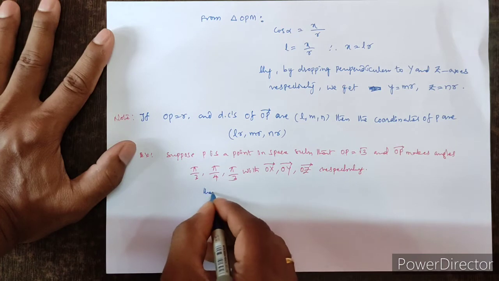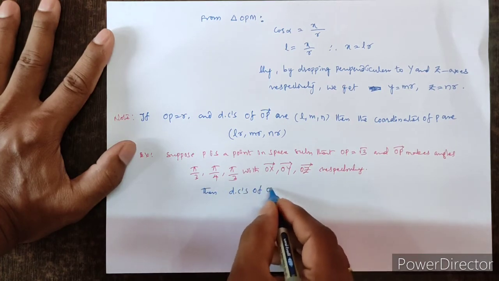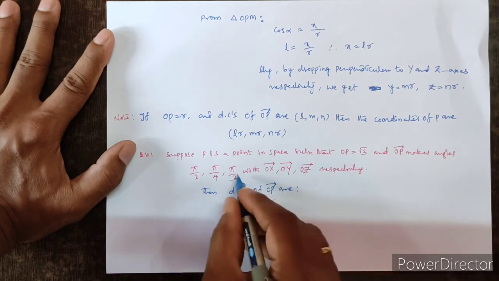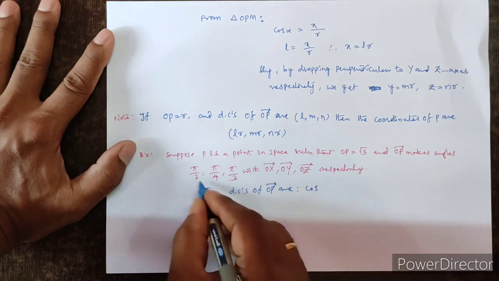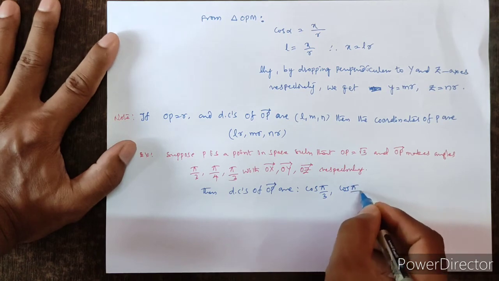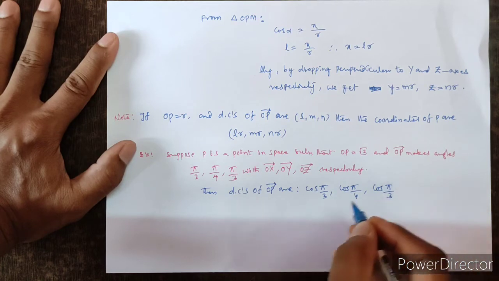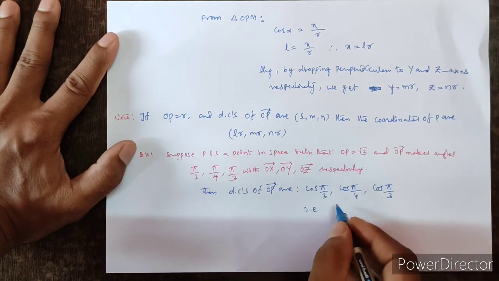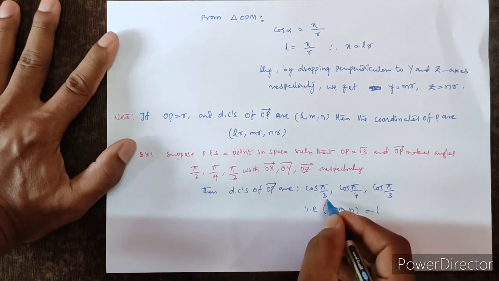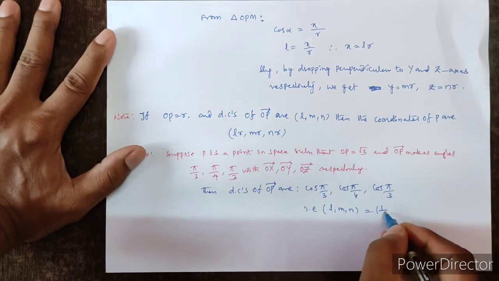See, then the direction cosines of OP are what? Cos alpha is nothing but cos π/3, cos beta is cos π/4, cos gamma is cos π/3. So L, M, N is cos π/3, which is cos 60, nothing but 1/2.